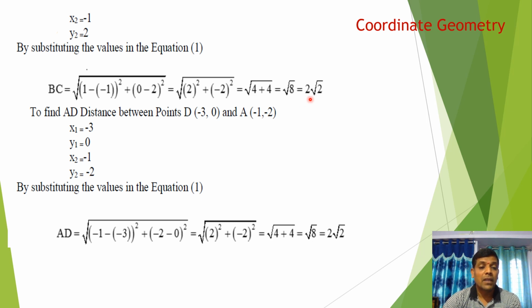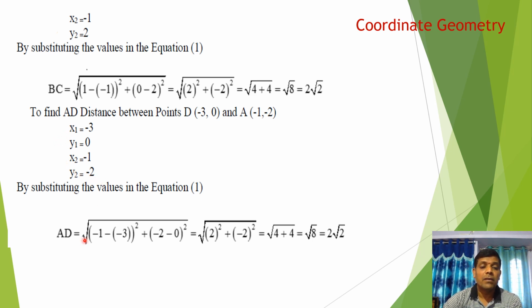Now let us find the distance between A and D. So what are the points of A and D? D is (-3, 0) and A is (-1, -2). So write down the coordinates: x1 equals -3, y1 equals 0, x2 equals -1 and y2 equals -2. So replace the coordinates in the given distance formula.